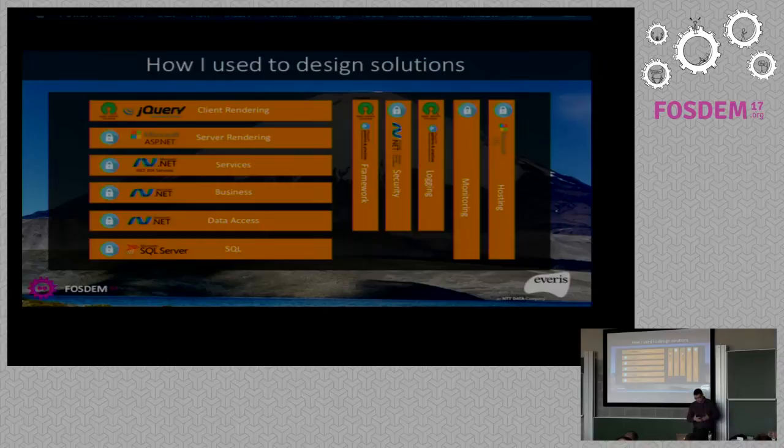We used jQuery in the front end combined with some server rendering, using WCF services. This probably sounds familiar to some of you who know Microsoft technologies. And most of them were closed source, under Microsoft's control, and we know what this means.